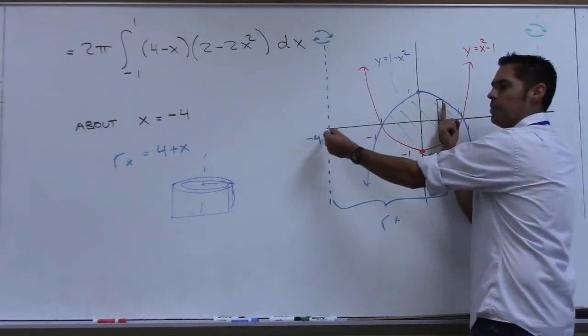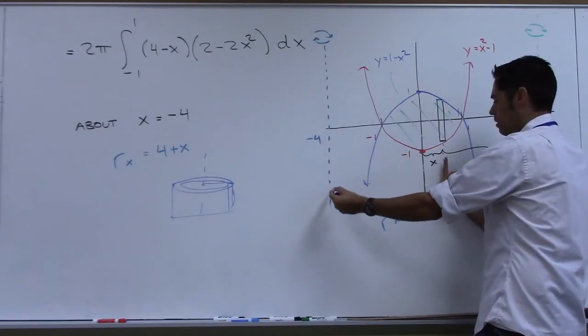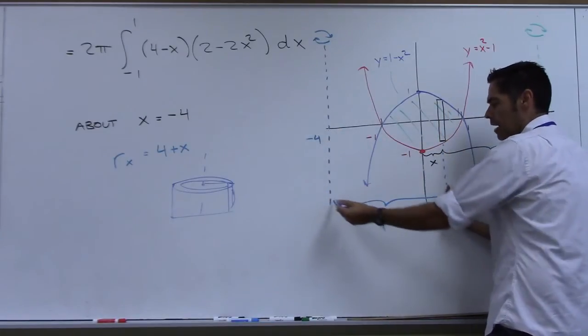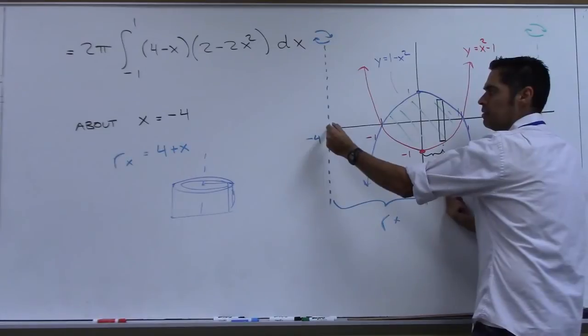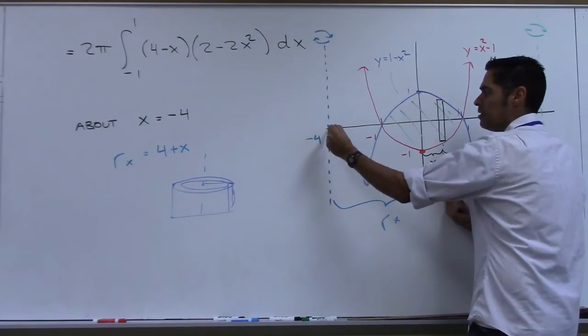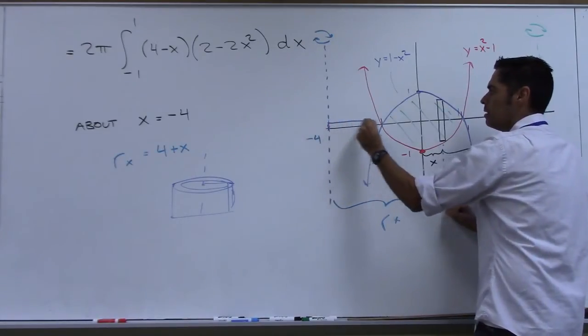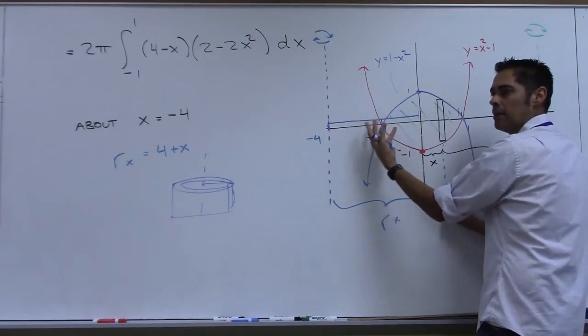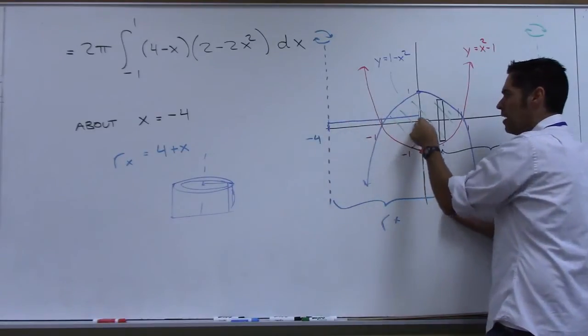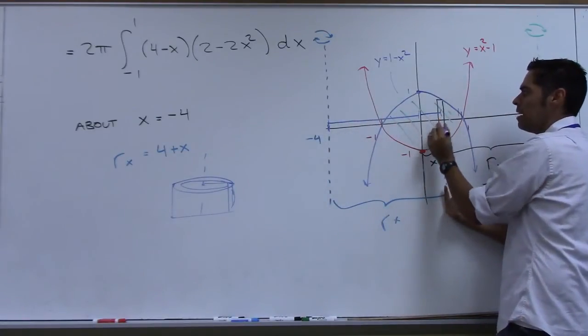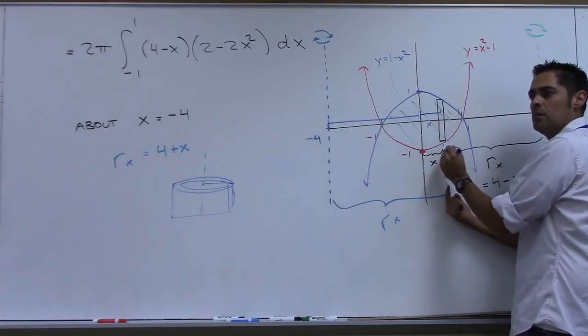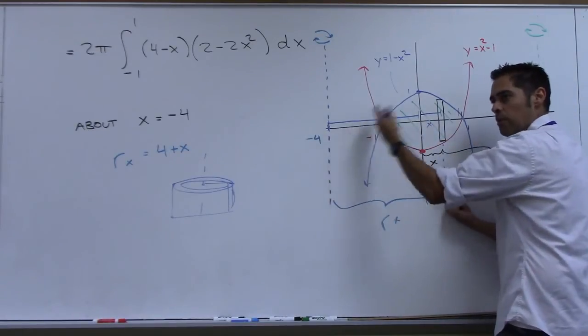So I want to know the distance from here to here, right? That's what I call R of x. I know that this x value is negative 4, so the distance from here to here is 4, right? That's 4 units, 1, 2, 3, 4. But then the distance from here to my rectangle is always x. So the total distance is the 4 plus the x.